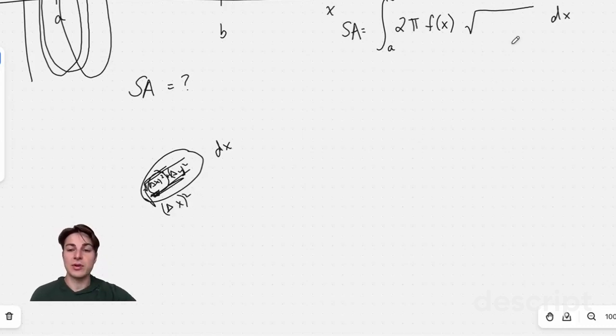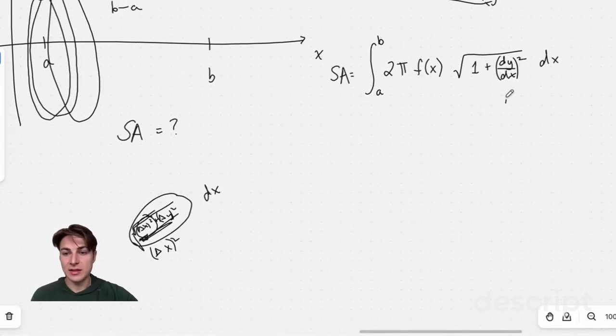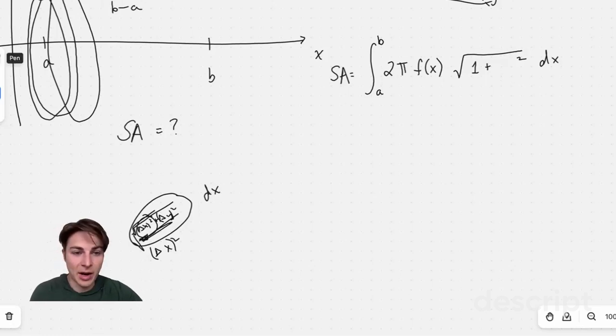So delta x squared over delta x squared is 1, and then delta y squared over delta x squared is dy/dx squared. This can also be considered f prime of x squared.